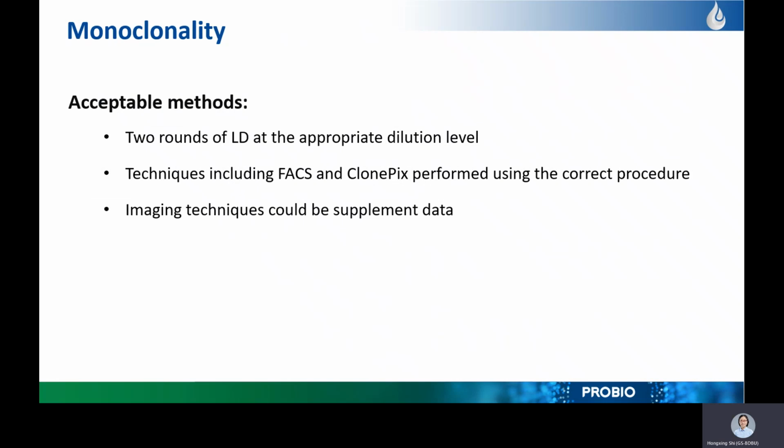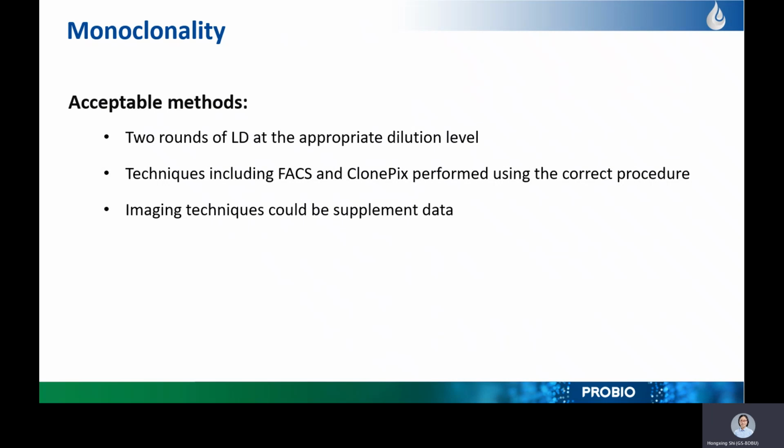In the process of cell line screening, monoclonality assurance is a keyword. The acceptable strategy has several options. One is to carry out 2 rounds of low-density limiting dilution, which has certain requirements for the density of plating.